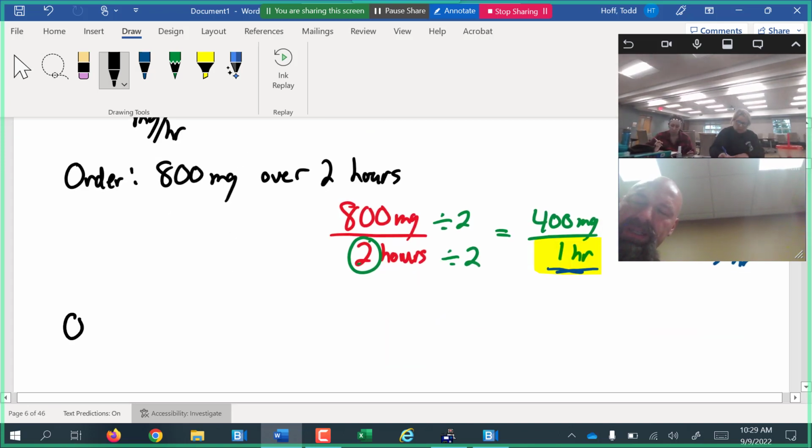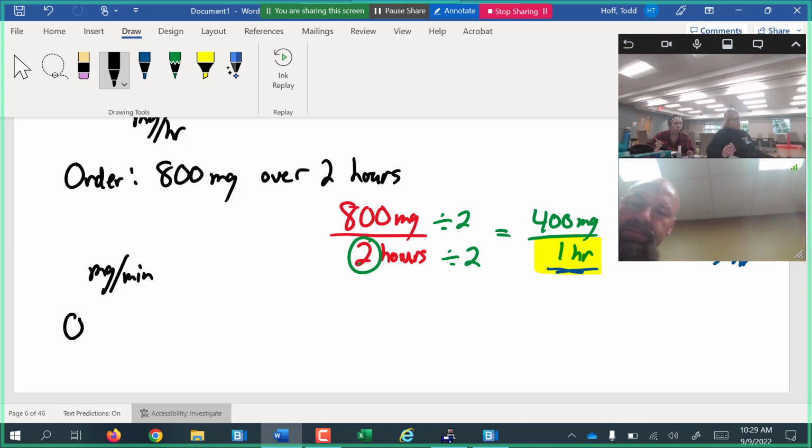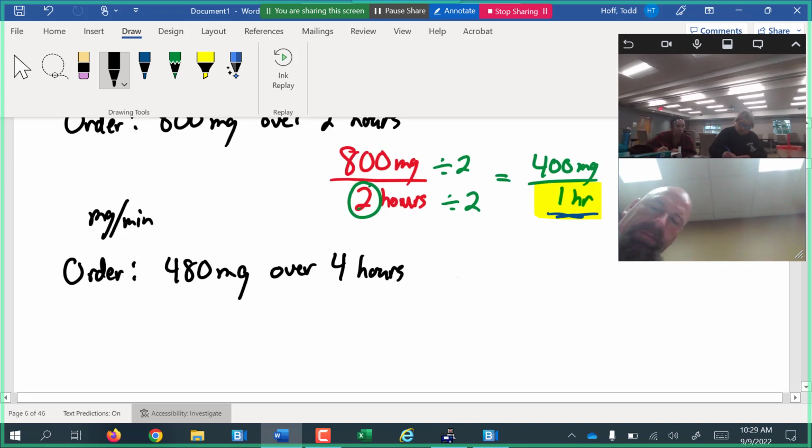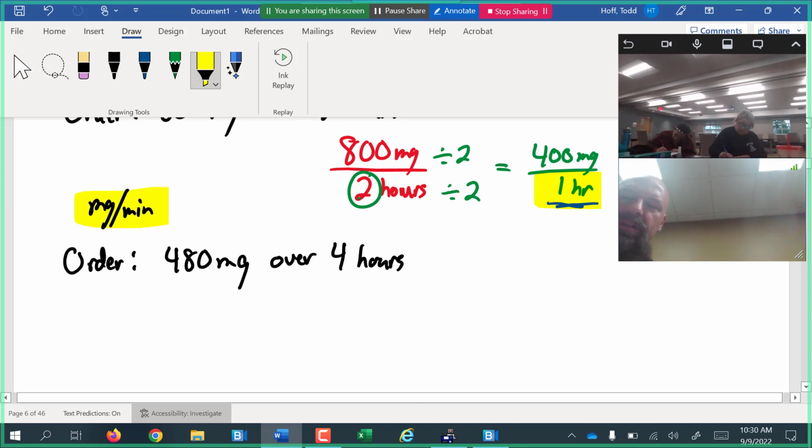That's not a very useful way of writing it out. A more useful way is milligrams per minute. So if we have an order for 480 milligrams to be administered and infused over 4 hours, but we need this in milligrams per minute, our dimensional analysis is going to come into play here.